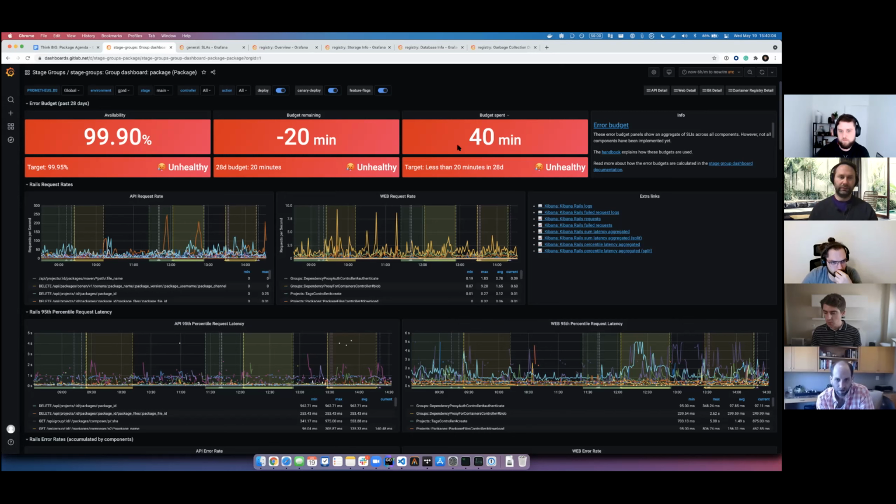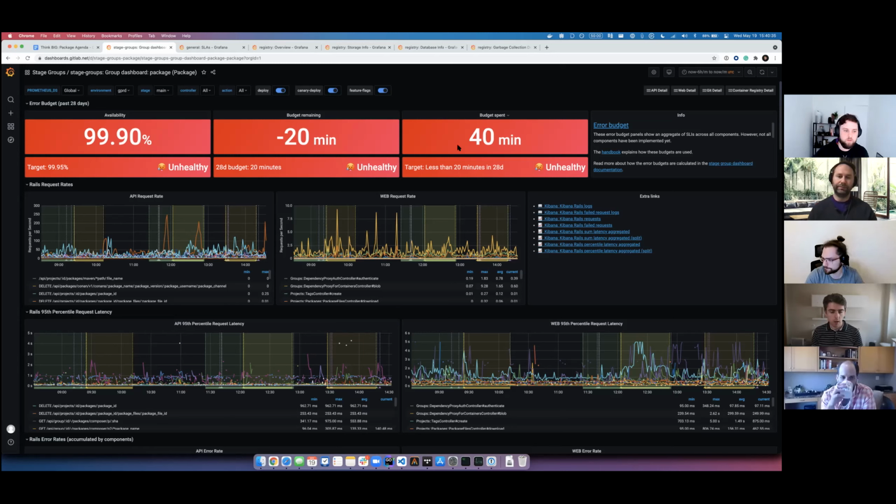And then each SLI has SLOs, which are the service level objectives. That's what tells us where we should be for the Apdex and the error rate. Basically, that defines the objectives that our service should meet in order for us to not spend more budget than what we have.